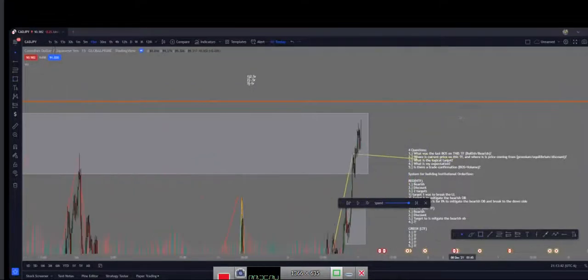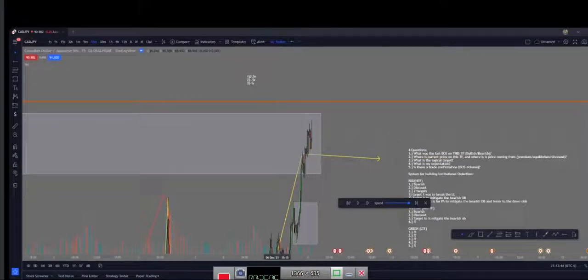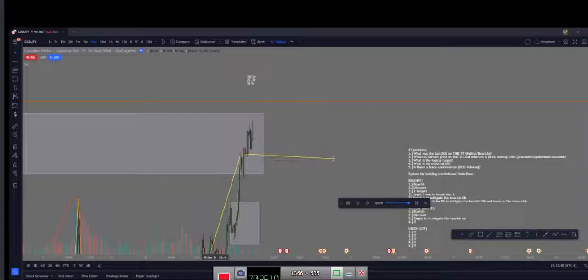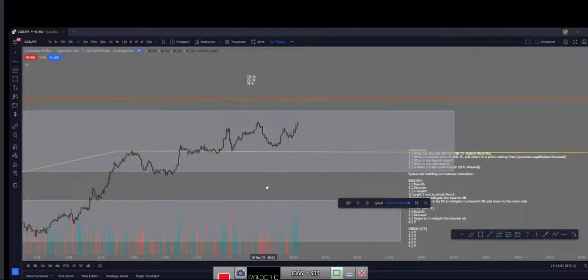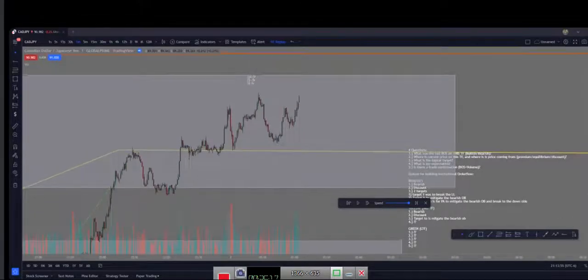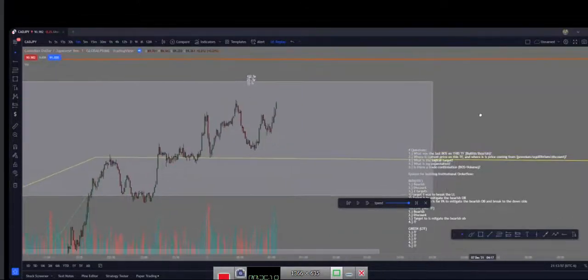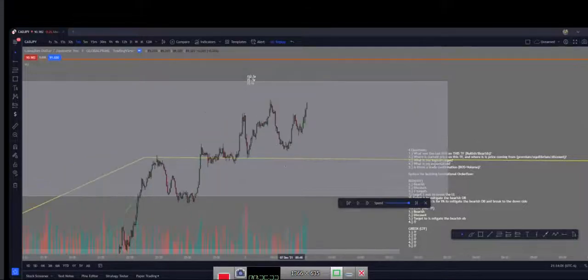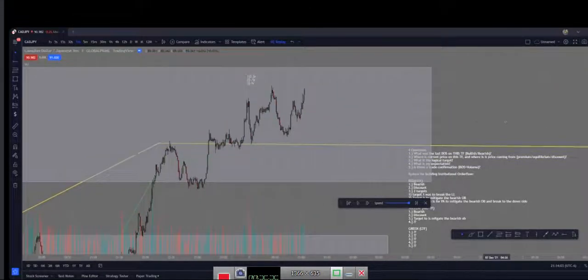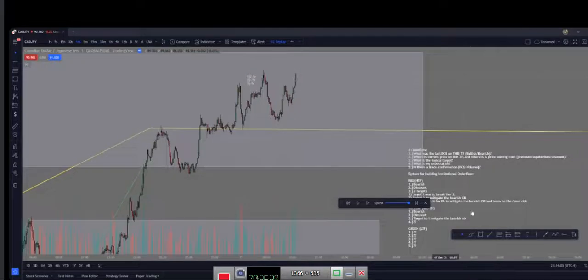What do you guys want to see? Is it distribution here? It can be. Distribution can occur if that's the point of interest. So you're going to look to take a short down into the bullish point of interest? We can, and then we'll see what we could do about that.